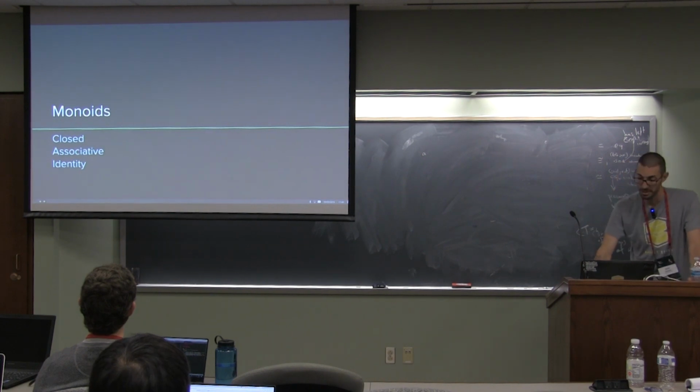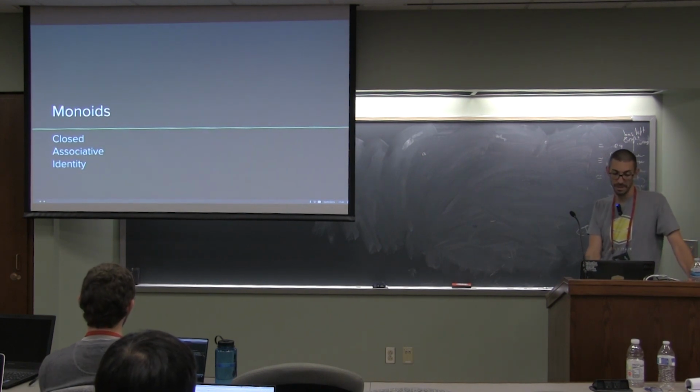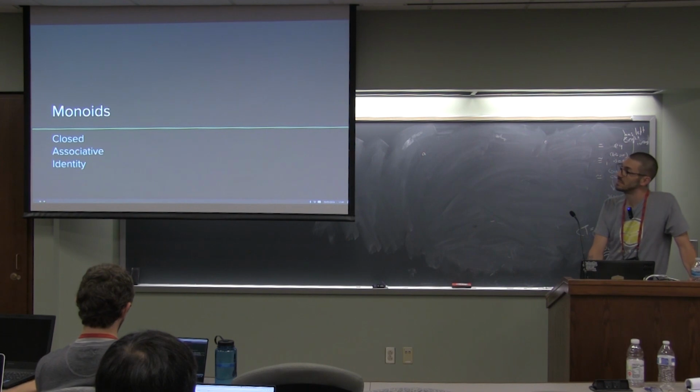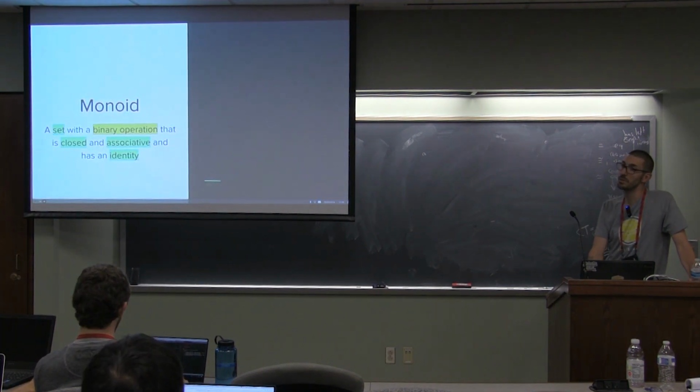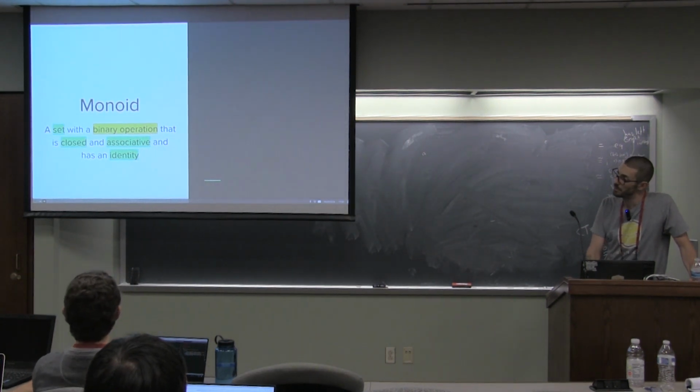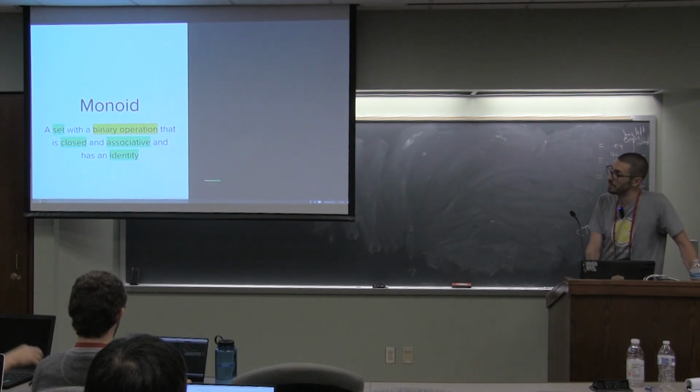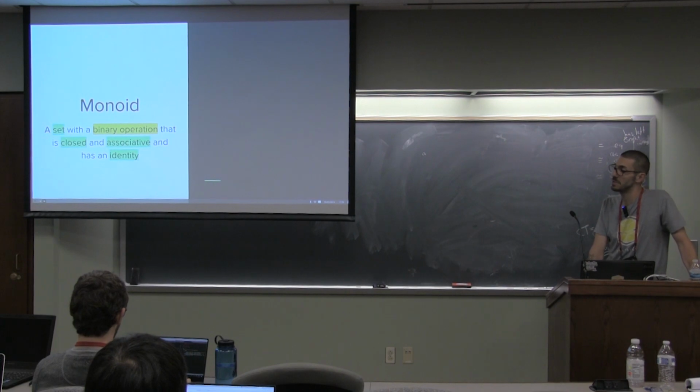The next structure I want to talk about is monoids, because they're basically a semigroup with an identity added to it. These are really, really cool structures. They're another set with a binary operation, but they're closed, associative, and they have an identity.